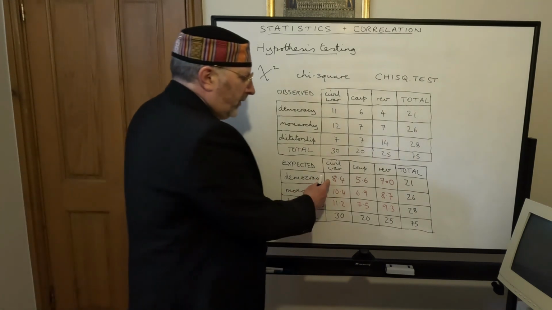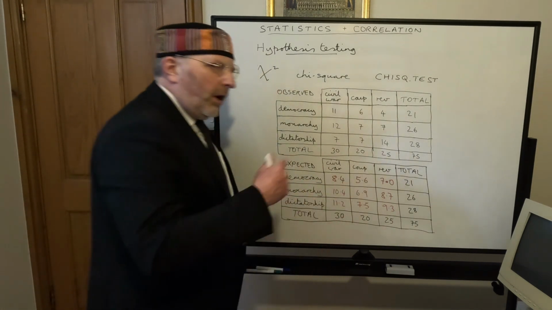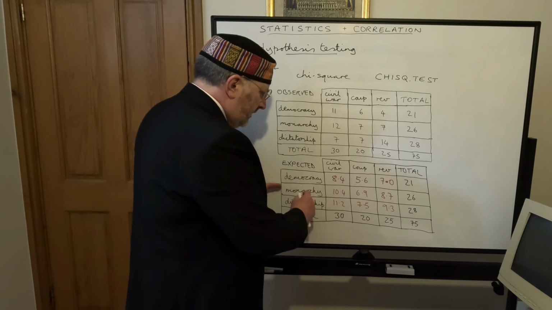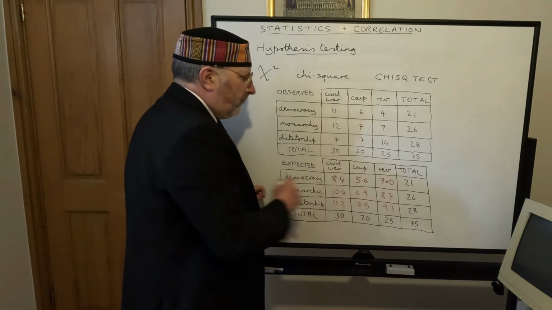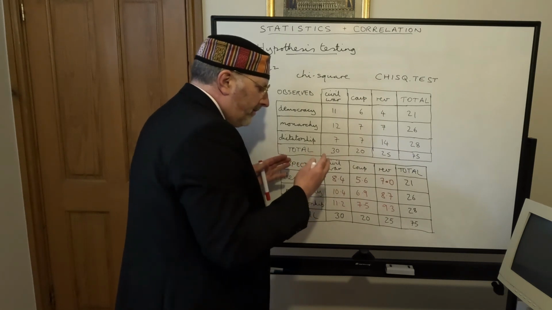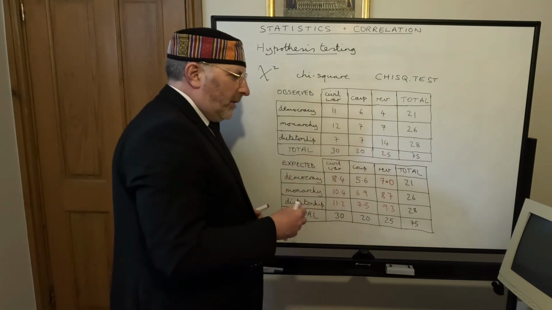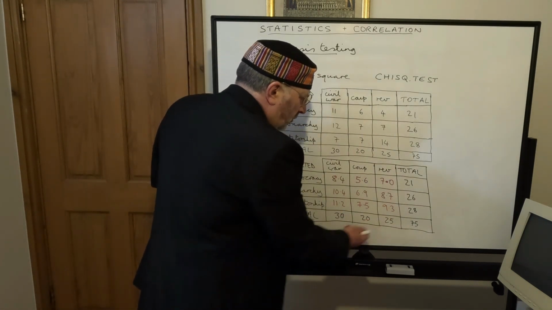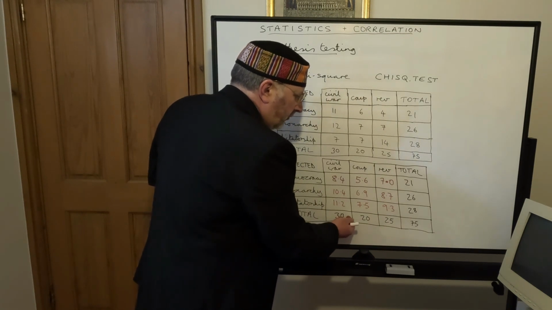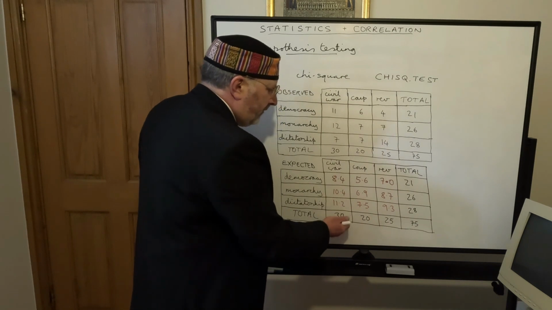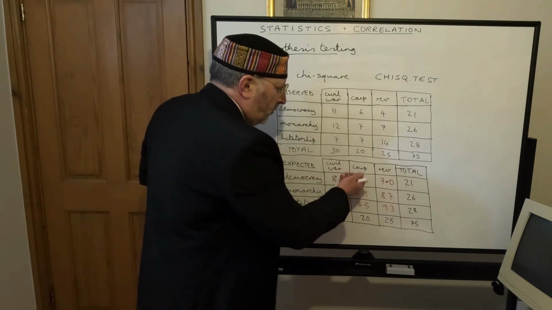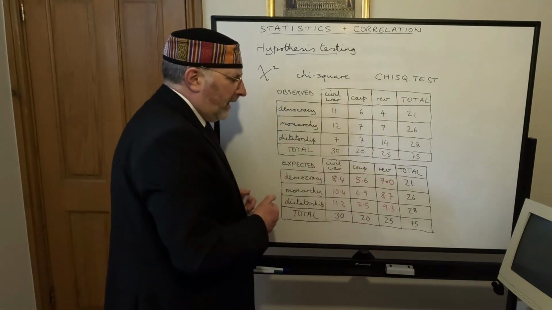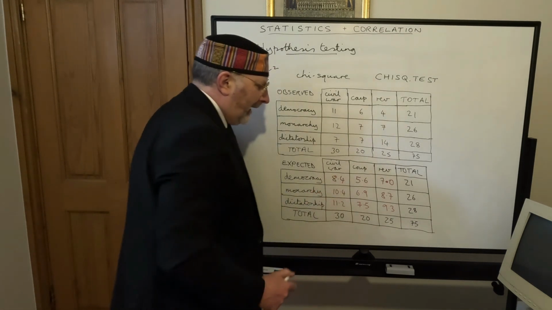But the numbers we're going to put in these boxes now are what they would be if the proportions were the same for each of the different polity types, rather than being different as here. If they were all drawn from the same distribution, on average we would expect them to be distributed in the same proportions. So as in the proportions of the totals, 30 to 20 to 25. The ratio of civil wars to coups to revolutions should be 30 to 20 to 25 for all the polity types. And that is how these numbers have been calculated.